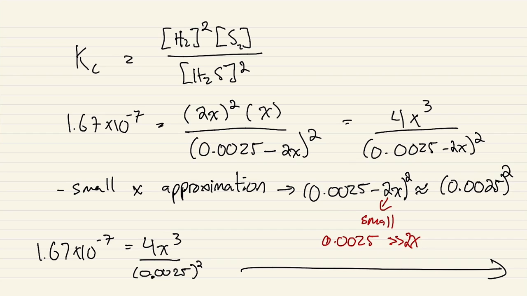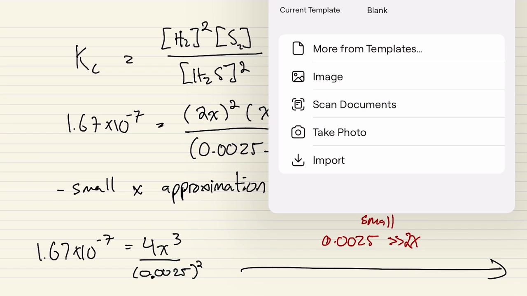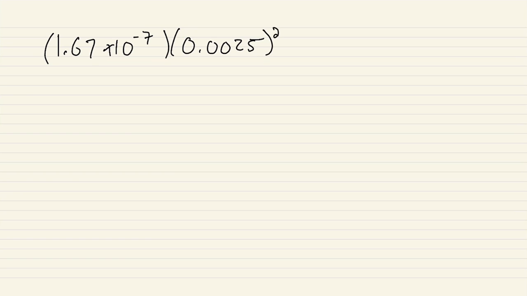Actually, this one's only going to have 1 solution. So this becomes 1.67 times 10 to the minus 7 times 0.0025 squared equals 4x cubed. All I did was multiply 0.0025 to both sides. Divide both sides by 4.